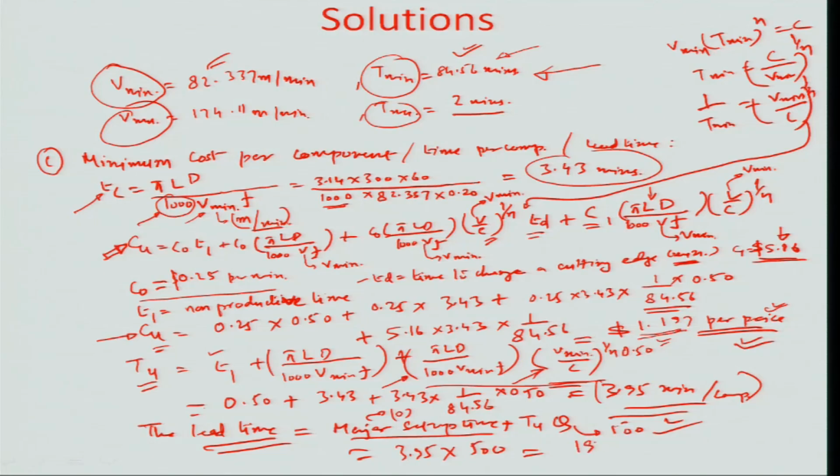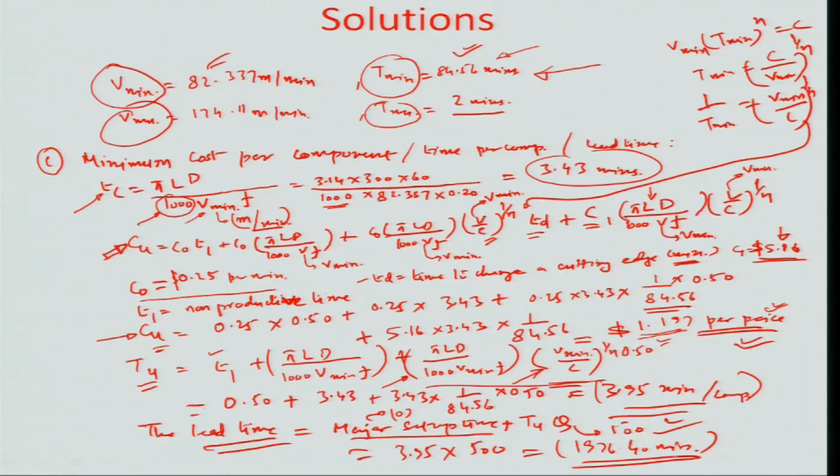In this condition it's about 1976.4 minutes, okay. So corresponding to about close to 30 hours or so. So that's how you actually calculate the cost per component, the time of production per component and the lead time as regards the minimum cost model or minimum cost per component model.